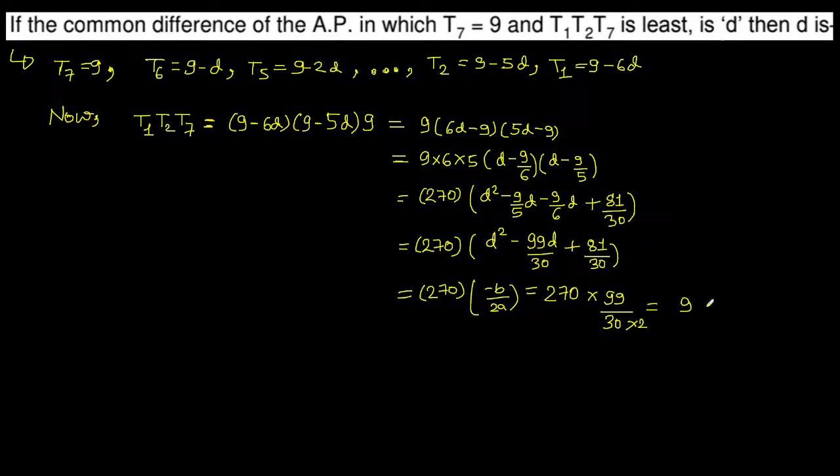This is 9 plus 99 into 99 by 2. We can say 100 minus 1, which is 900 minus 9, 891 by 2. This is 445.5, 445.5.